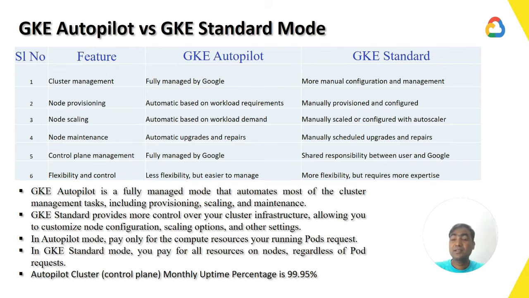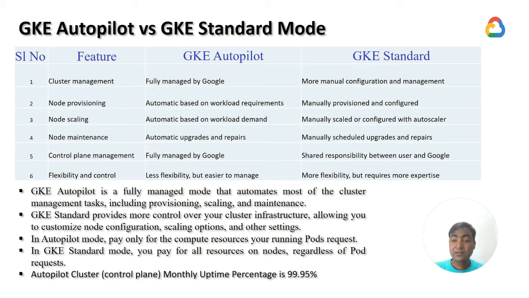Guys, as you can see here, some of the basic differences between autopilot and standard mode. For cluster management, GKE autopilot mode is fully managed by Google. On the other hand, GKE standard mode requires more manual configuration and management. For node provisioning, GKE autopilot mode is automatic based on workload demand, but in GKE standard mode, nodes are manually provisioned and configured.